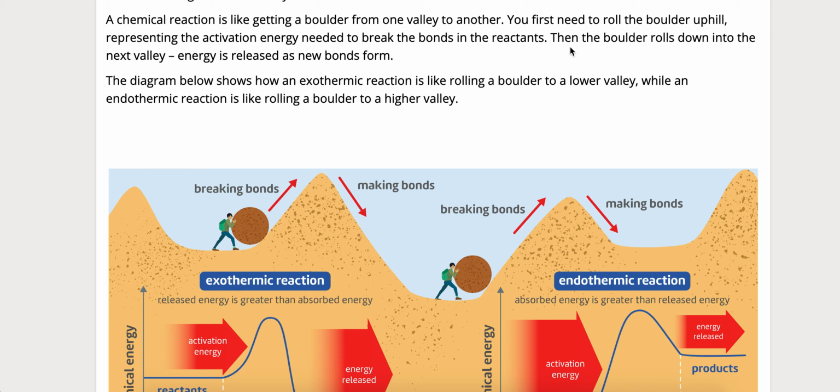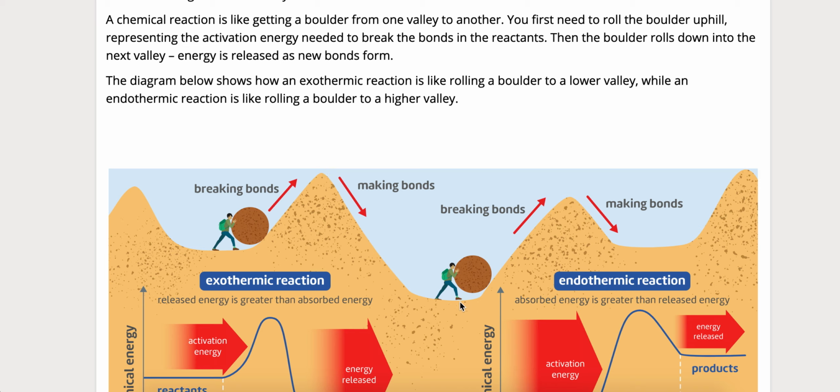And then the boulder rolls down into the next valley, which represents the energy that's being released as the new bonds form. So your activation energy is the energy required to start your reaction, to get this boulder up to the top. Once your new bonds are being made, it is like the boulder being released into the valley.